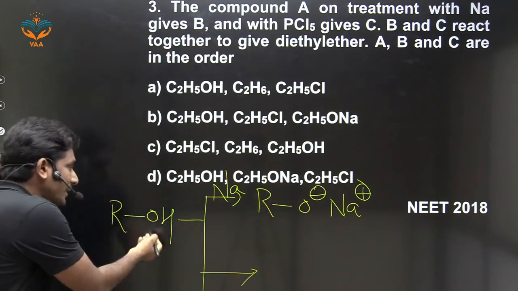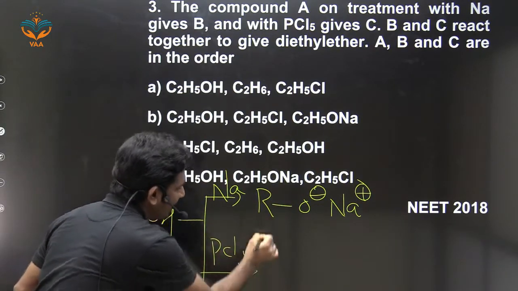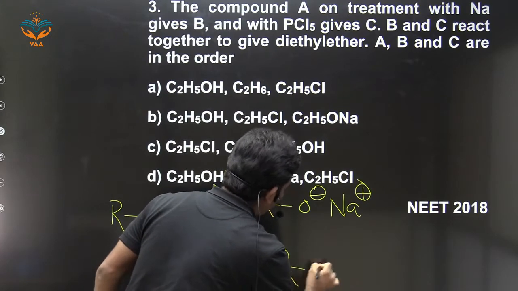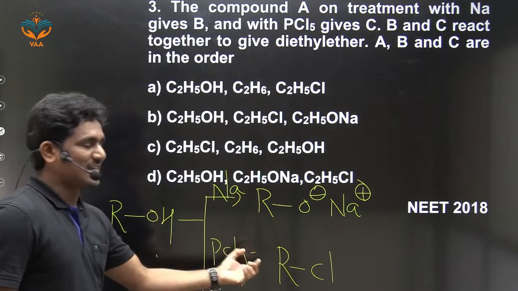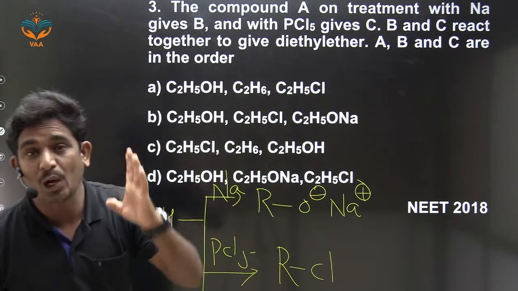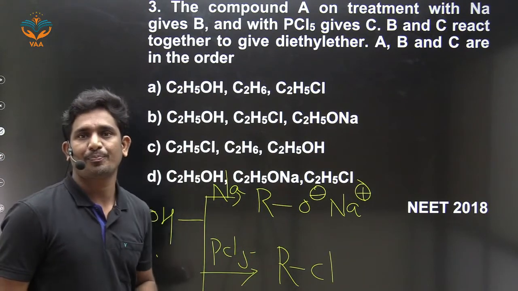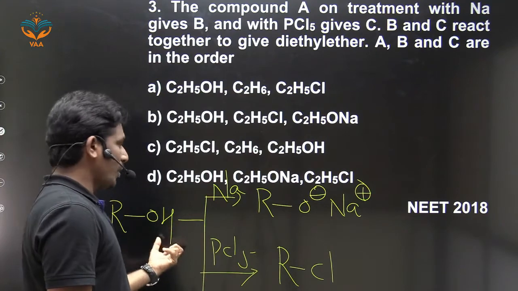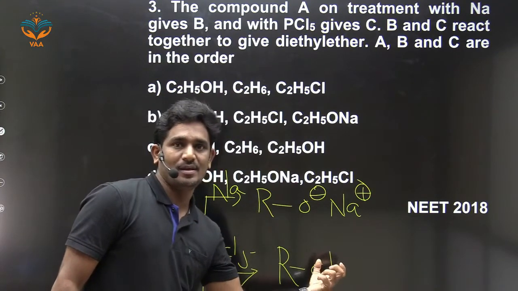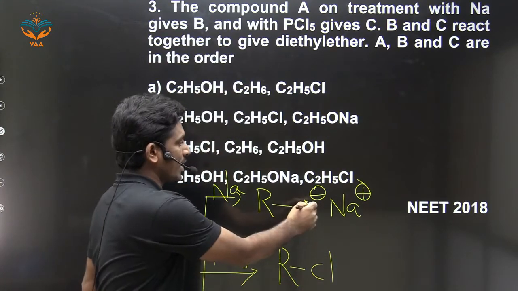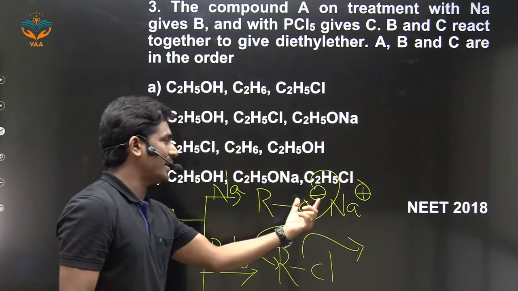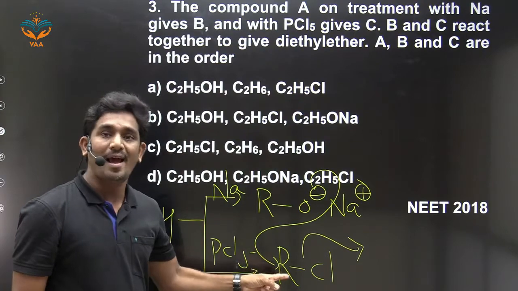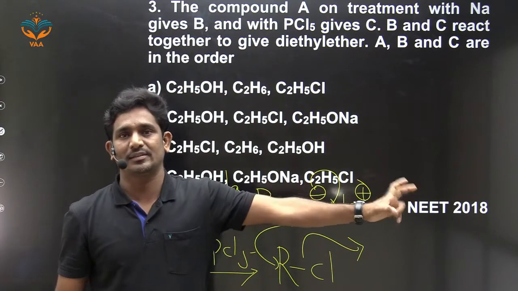When it reacts with PCl5, OH is replaced by Cl because PCl5 is a strong halogenating agent, giving an alkyl halide. With the alkoxide ion and alkyl halide, which type of reaction is it? Williamson ether synthesis: RO minus attacks the alkyl halide to give ethers.